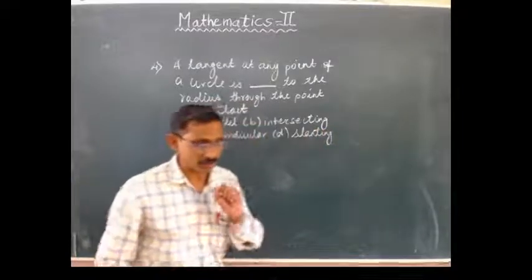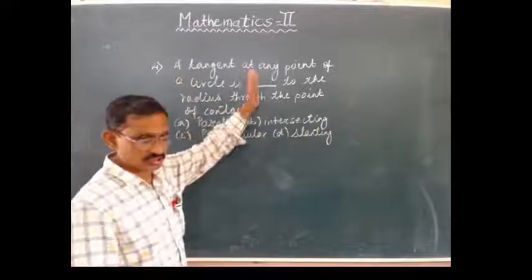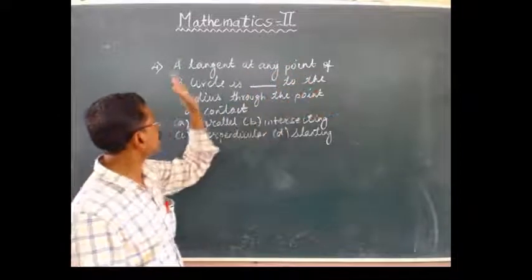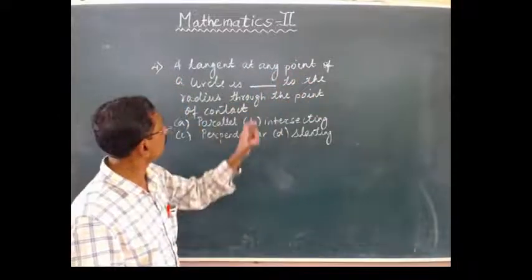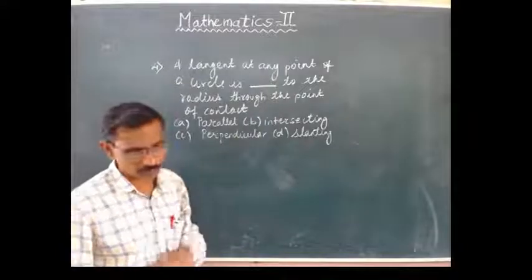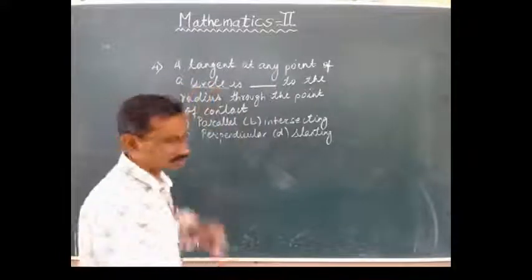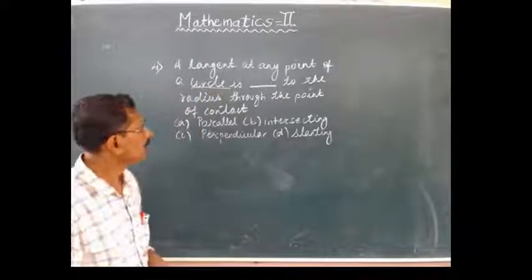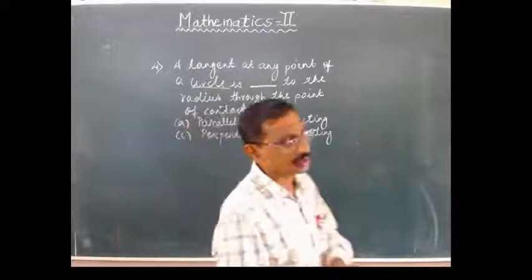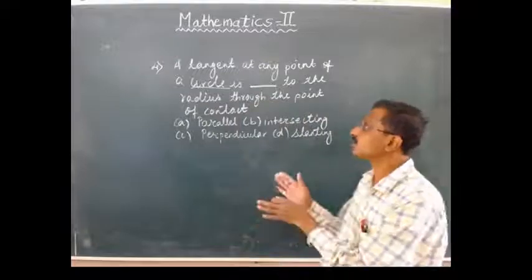So let's read the problem first. A tangent at any point of a circle is dash to the radius through the point of contact. First, what they are saying here, if you see, you have got a circle, right? And apart from the circle, there is a hint given to us. What is the hint?